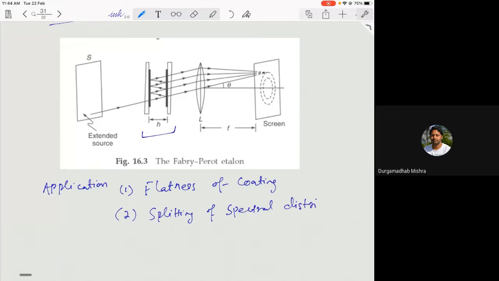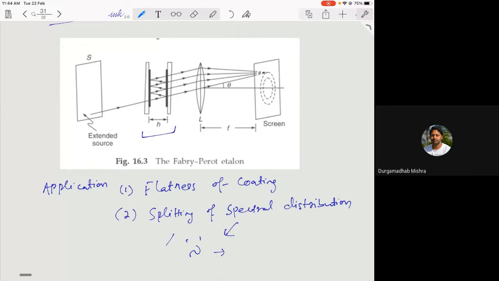That means your incoming wave has a certain frequency nu, and then you distribute it into maybe 5 spectral lines or 10 spectral lines depending on this H. Again, an interference condition will be there, so all these will be satisfied. We'll not go into the detail, I just want to give an idea that this is another way of producing an interference pattern as well.